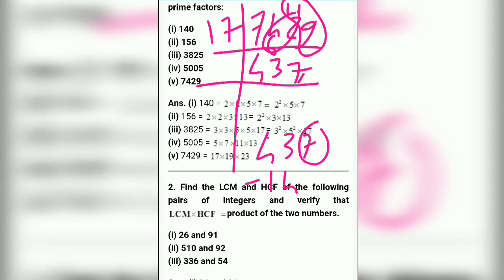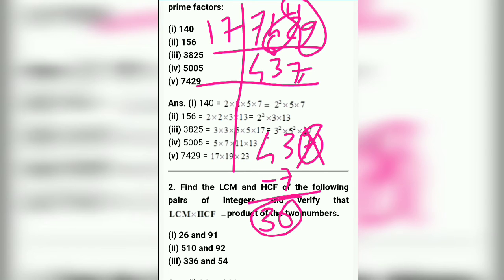Okay, then let's check for the 11. For 11, what we need to do, remove the digit and here subtraction. So 43 minus 7, it's 36. 36 is not divisible by 11, so 437 is not divisible by 11.